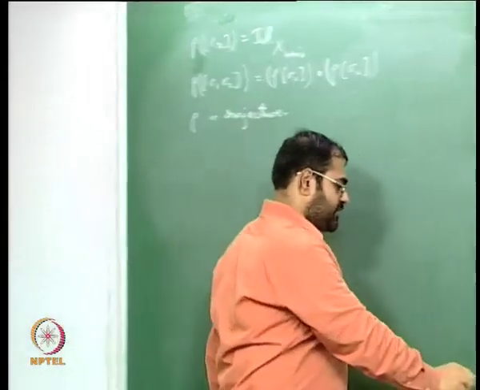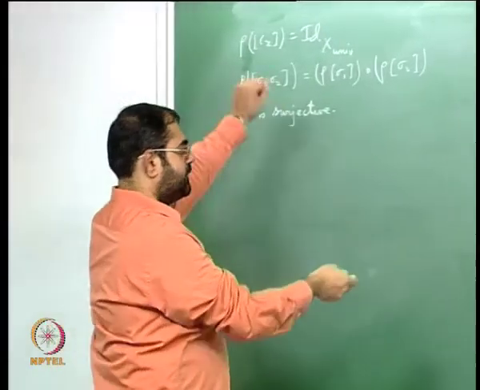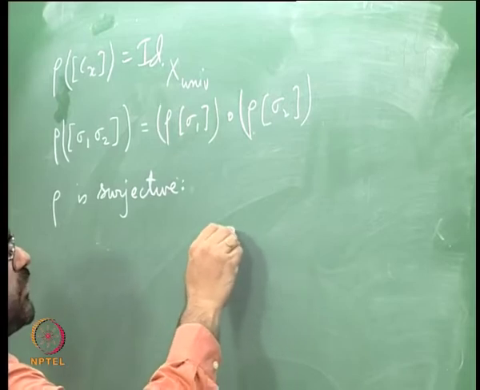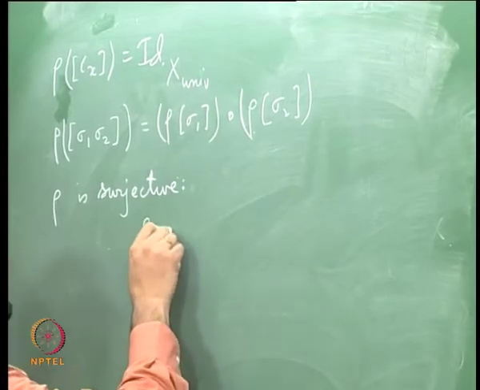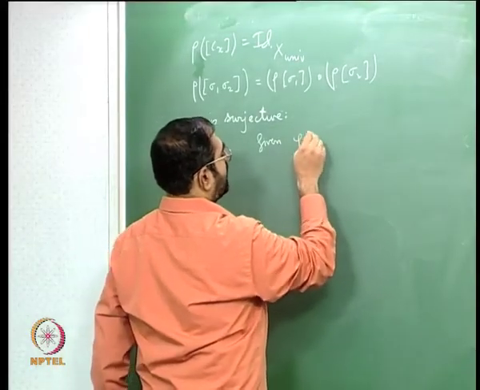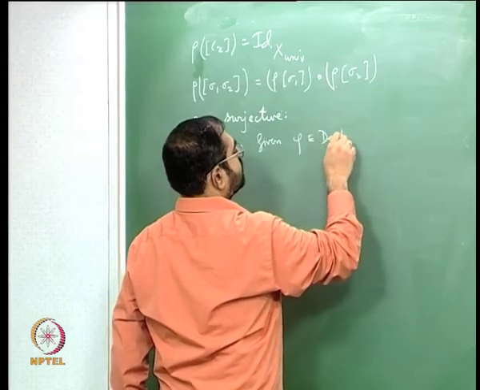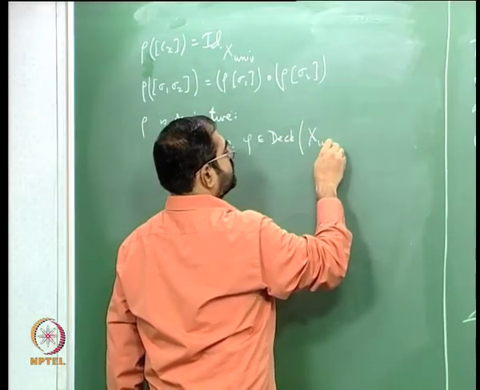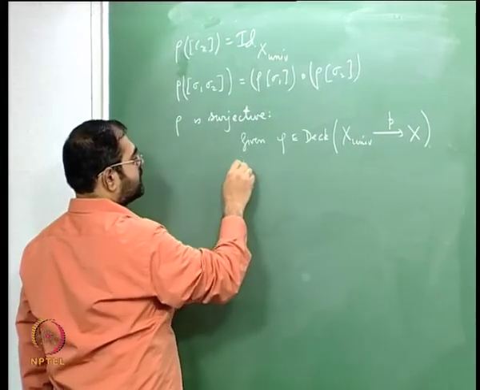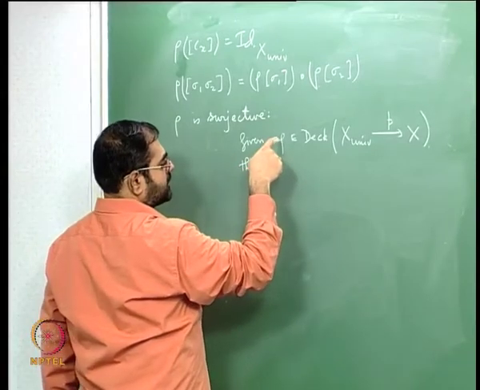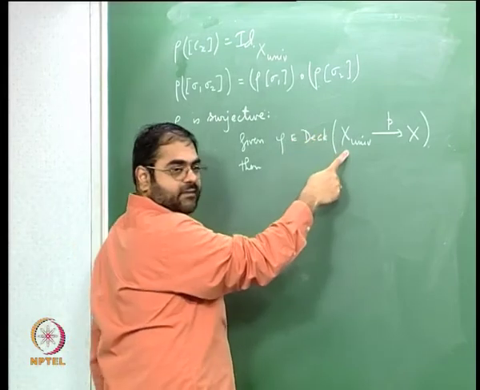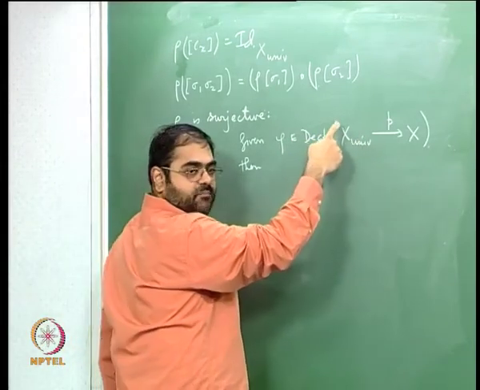How does one see that rho is surjective? It's very easy to see. Suppose you are given a deck transformation, let's say phi, from X sub univ to X. Then this deck transformation will take the constant path at X to a certain path.